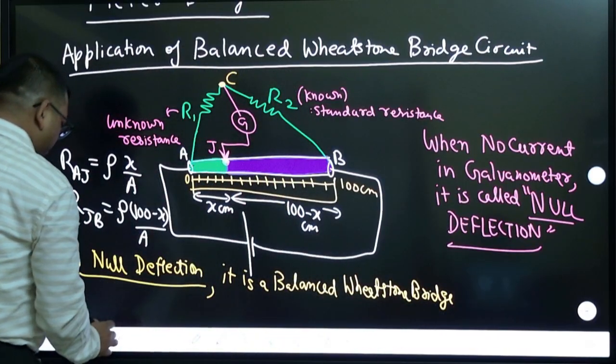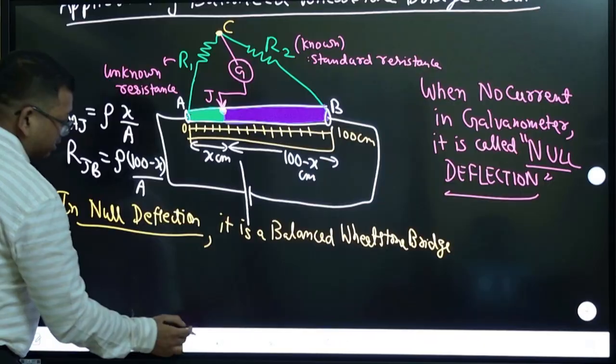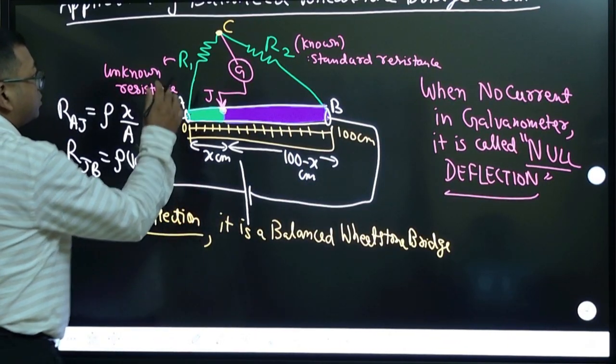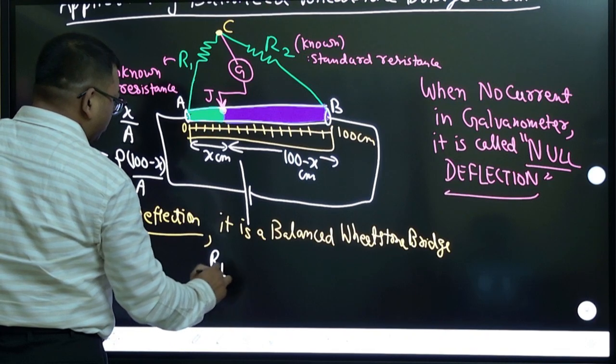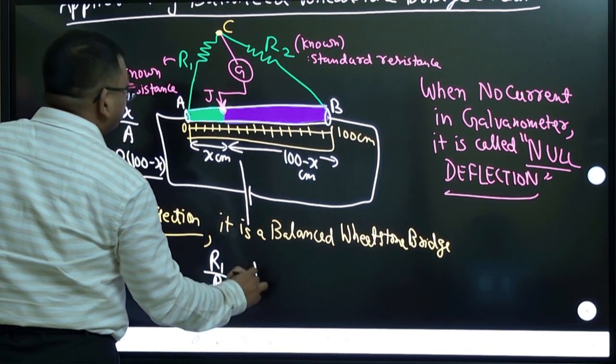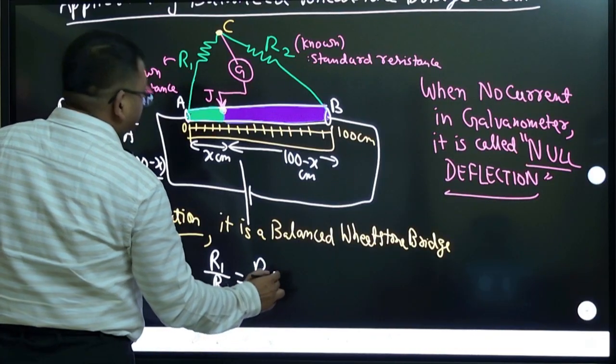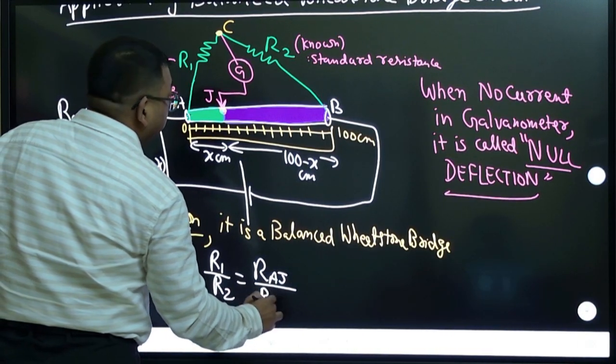And if it is a balanced Wheatstone bridge, we can apply the condition for balance. So resistance R1 by R2 is equal to resistance of AJ by resistance of JB.